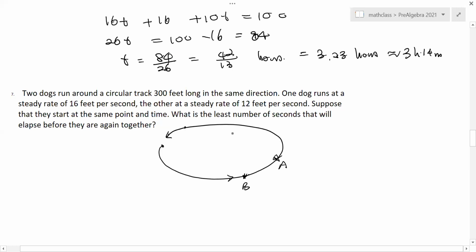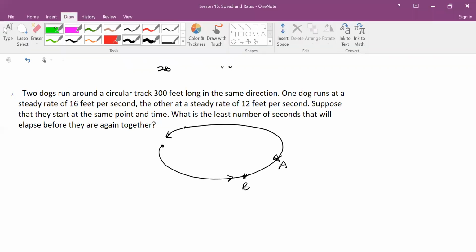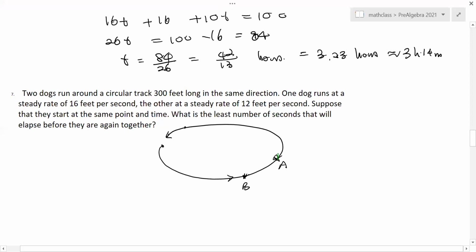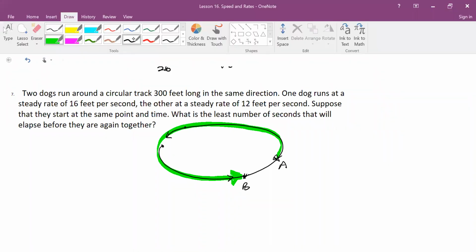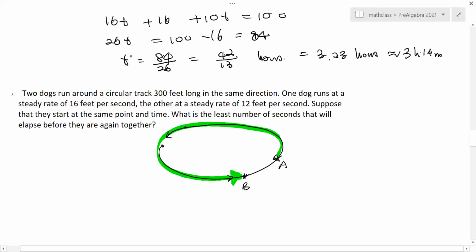Then finally, dog A can catch up to dog B. So the key point is the distance, not the direct distance, the distance between this distance we're talking about. At the very beginning it's going to be 300 feet, but it's getting shorter and shorter, then they meet. The first dog will catch the second dog. That's my hint. Can you do this?